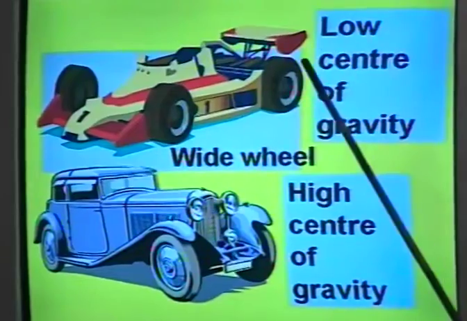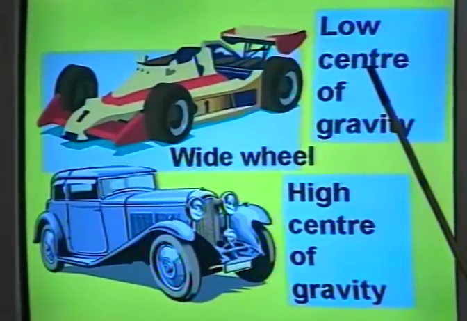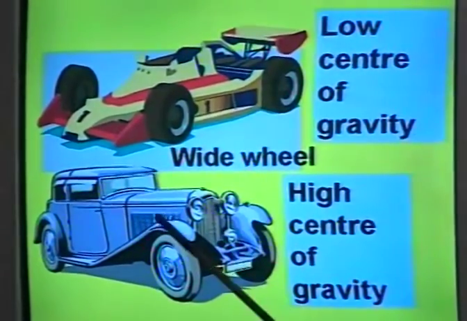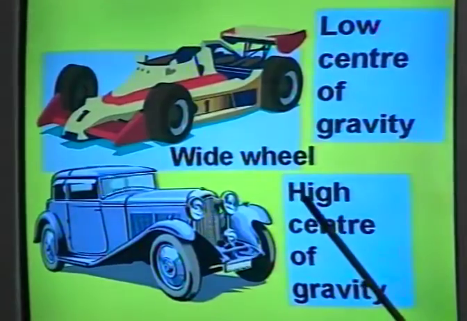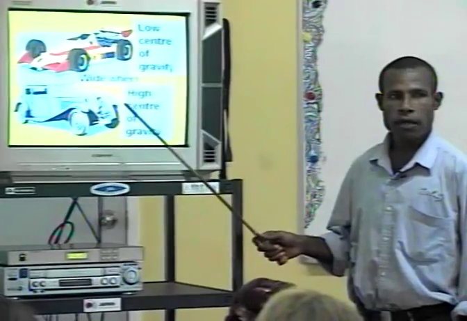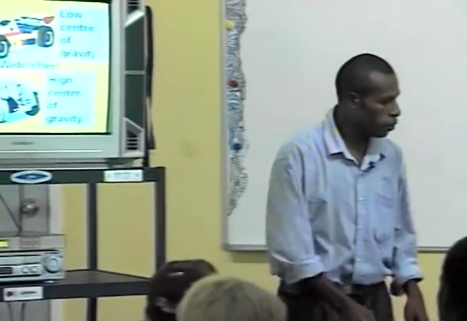So therefore, it can balance itself quite well, meaning that it has a low center of gravity. While this one is quite high, because of the thinner wheels. Therefore, the center of gravity will be quite high, so the forces acting at the point will be quite high.